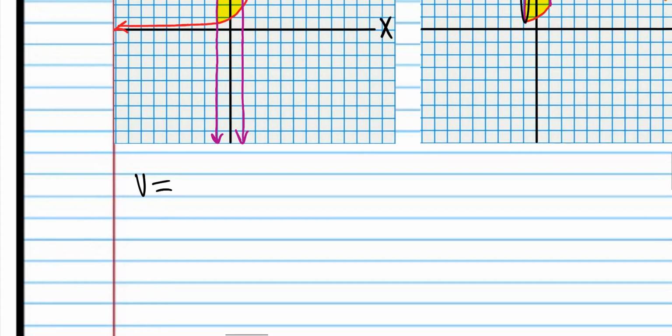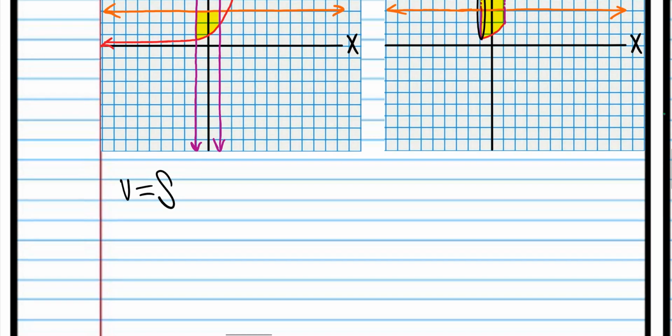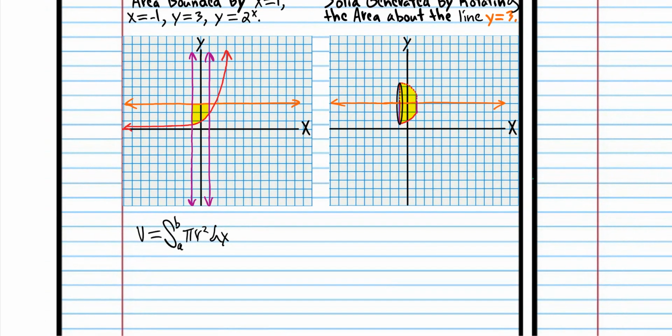So again, this is the disk method. The formula for a disk is this formula here. Each cross section is a disk with an infinitely small volume. We think of it that way, or an infinitely small width. But the cross section is really just a two-dimensional figure. It's a circle, so we're finding the area of that circle.